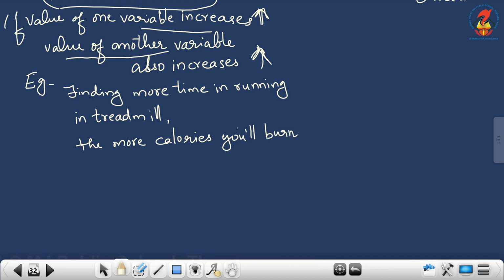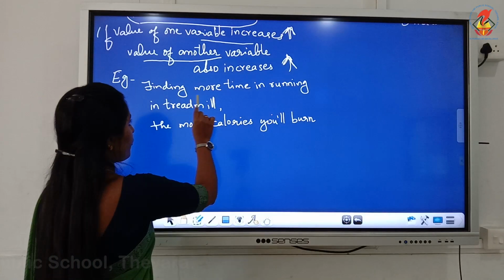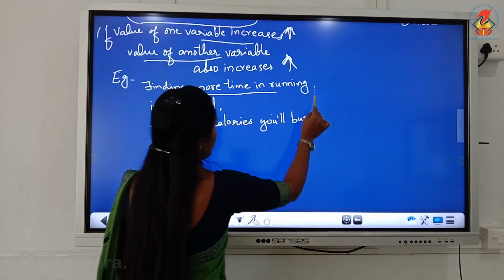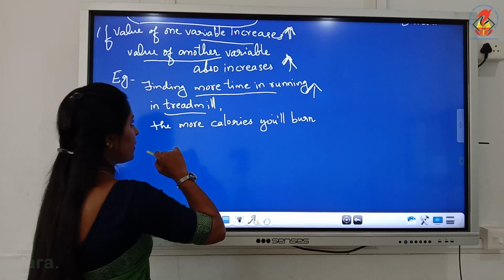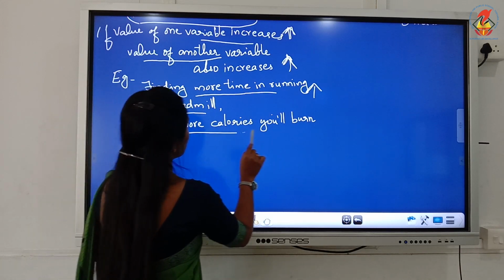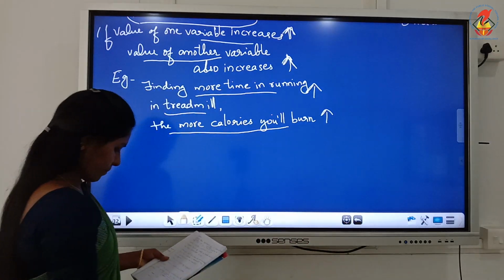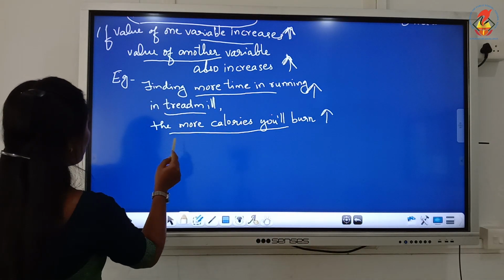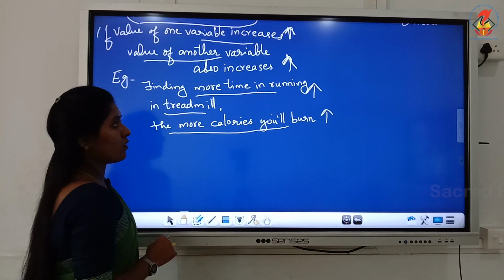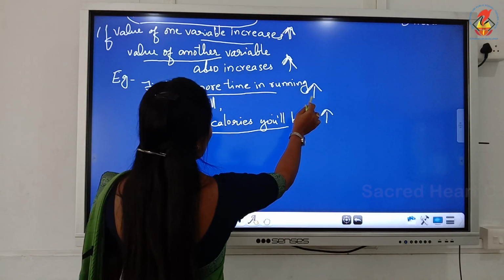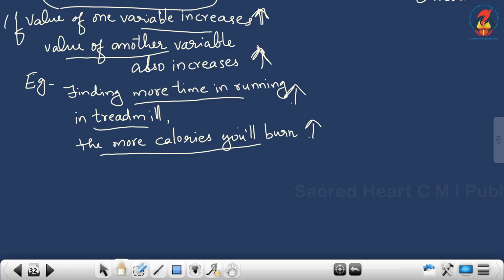So this is an example of positive correlation. If you spend more time running on the treadmill, this is the first variable, then the calories you burn will also be more. So here in positive correlation both variables are increasing.